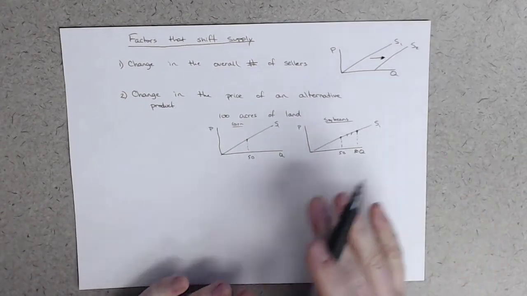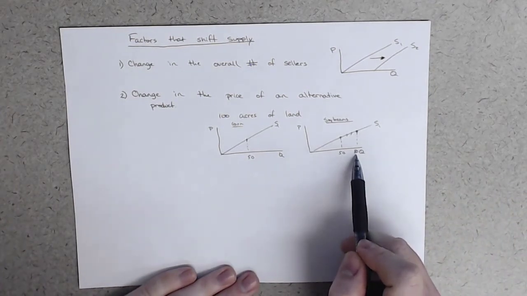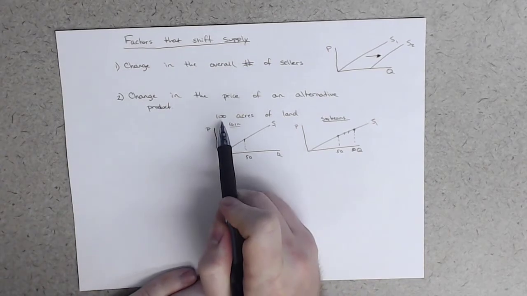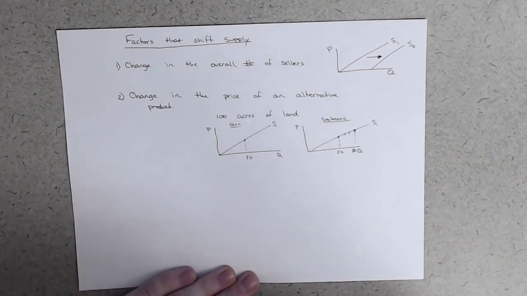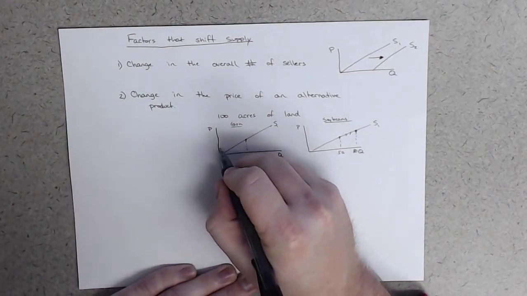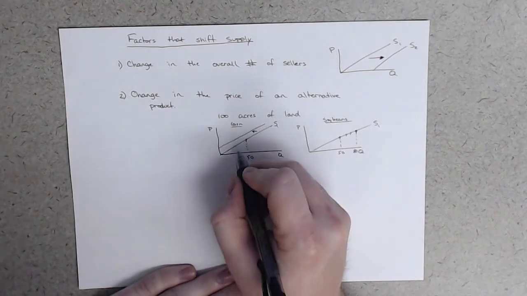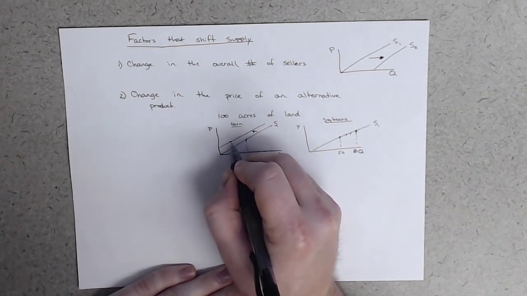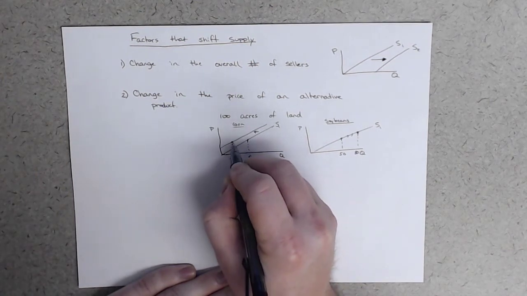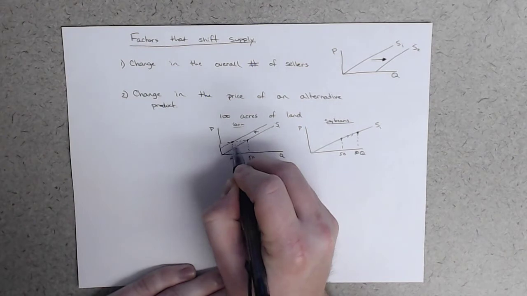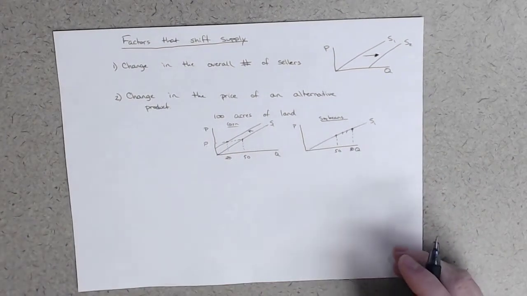I didn't say anything about the price of corn changing, but if I'm using 80 acres to produce soybeans, and I only have 100 acres, then I must be using less land to produce corn. And so the supply curve in this case will shift to the left, and we'll get to something like here, where I'm using 20 acres, but note that the price hasn't changed, right?